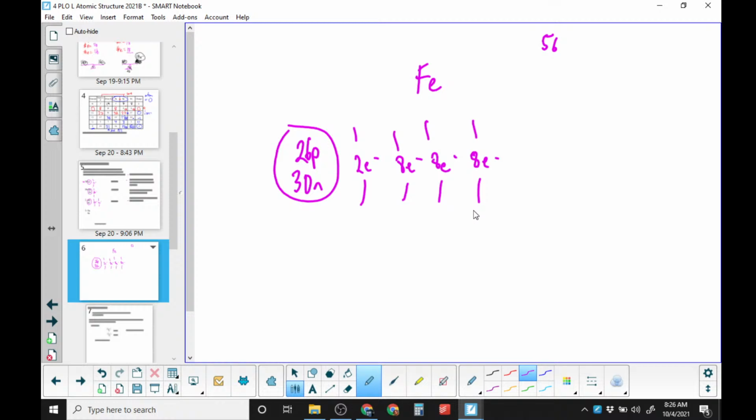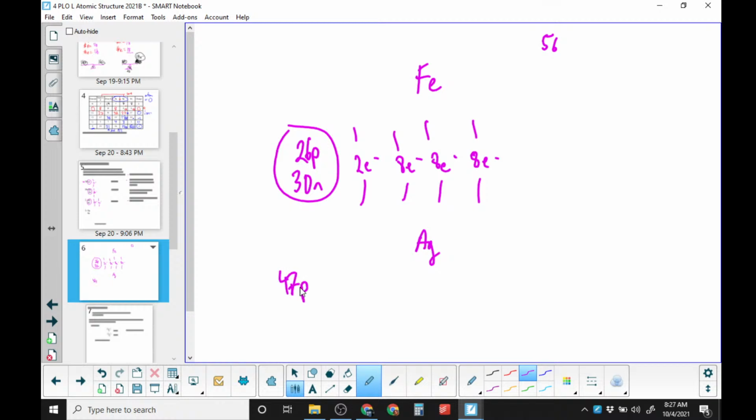Let's pick an even more interesting one. Argon. Well, argon doesn't even have any d orbitals. Silver, Ag. Ooh, way down there. Okay, silver's better. So let's do silver, Ag. Silver has 47 protons.